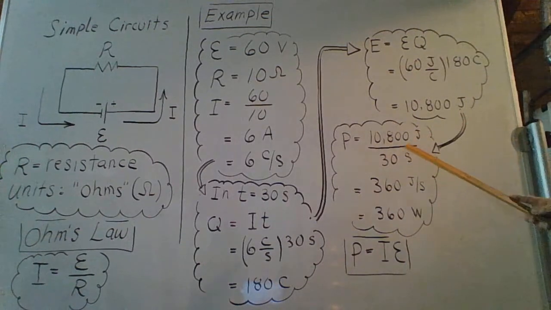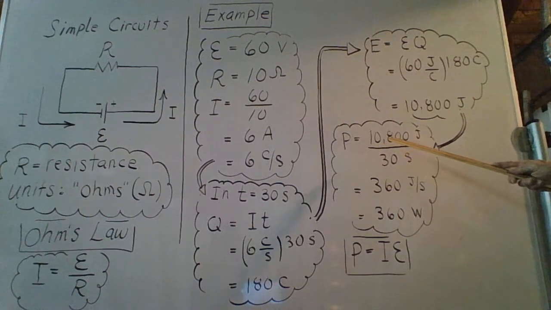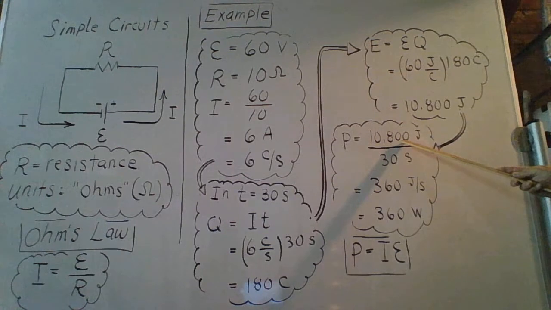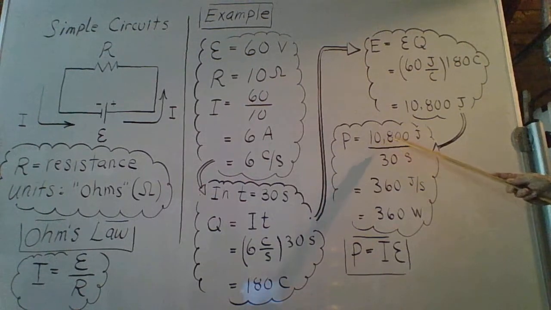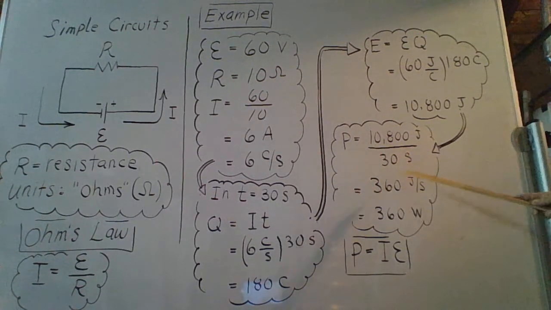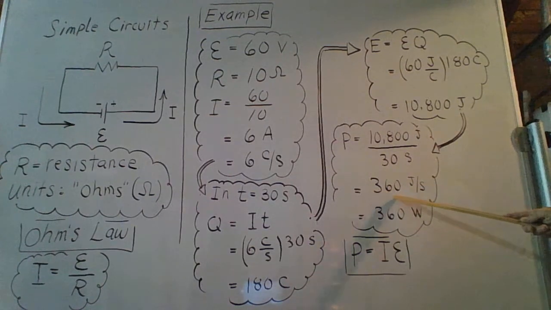And so we can calculate the power output by dividing the energy that was provided to the circuit by the time it took to provide it, 10,800 divided by 30 seconds, and the units will be joules per second, and there are 360 of them.